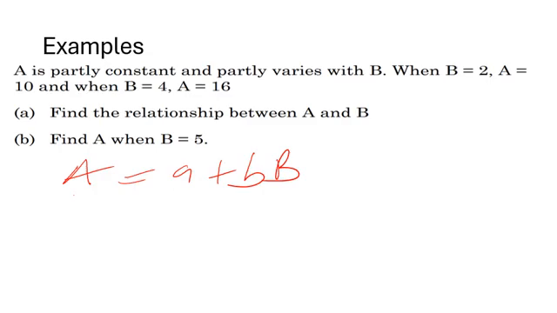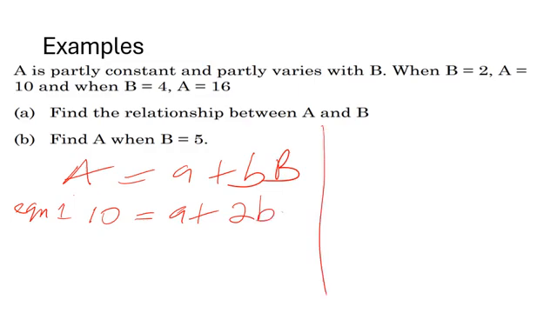So we can say equation 1: when B is equal to 2 and A is equal to 10, 10 will be equal to a plus, with B equal to 2, 2b. Let's have that so that we have enough space.